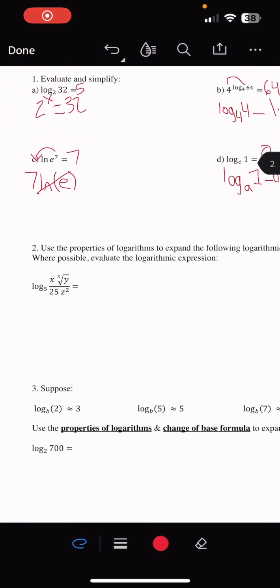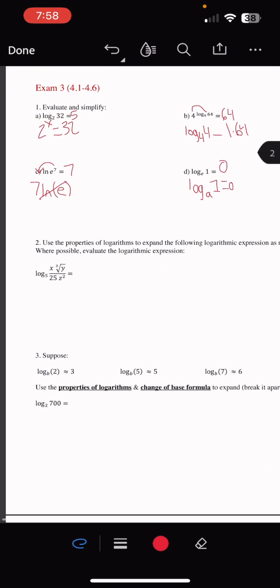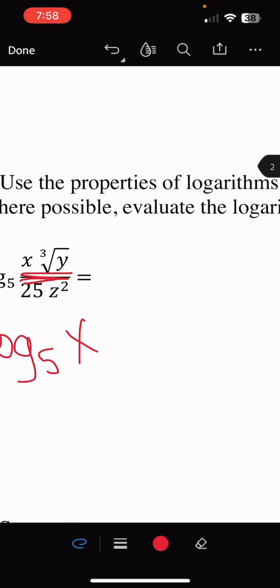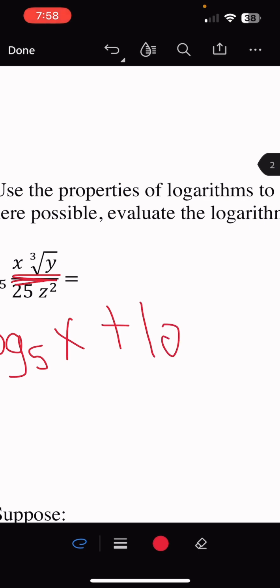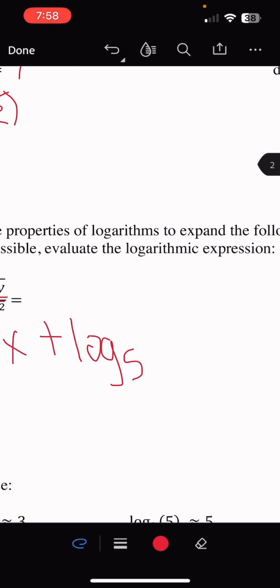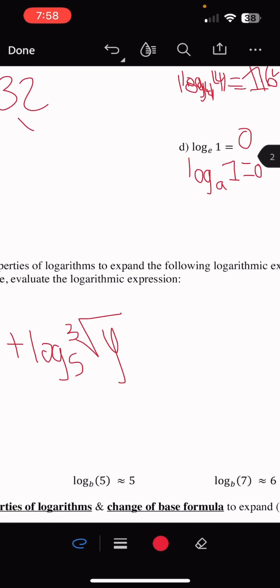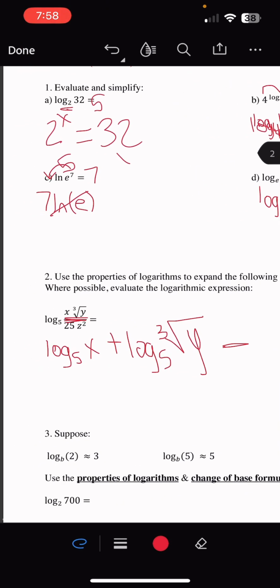Alright, so in this one we're going to expand as much as possible using this logarithm. So the first thing that I notice is that there's a division sign, which is going to mean there's going to be log base 5, let's say of x, plus log base 5 cube root of y, minus, that's where that division is.